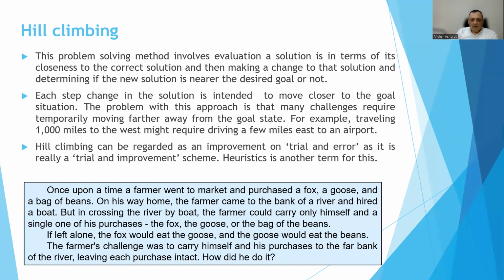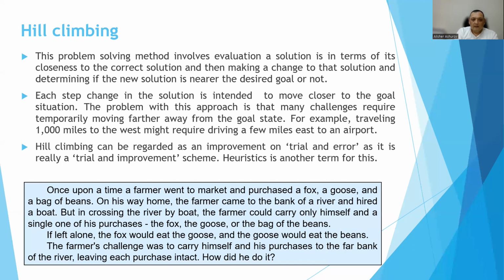If left alone, the fox would eat the goose, and the goose would eat the beans. The farmer's challenge was to carry himself and his purchases to the far bank of the river, leaving each purchase intact. How did he do it?